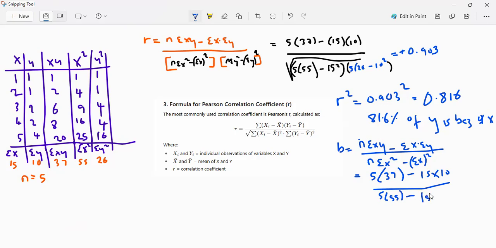What do we get? When you compute this, what are you getting? 0.7.